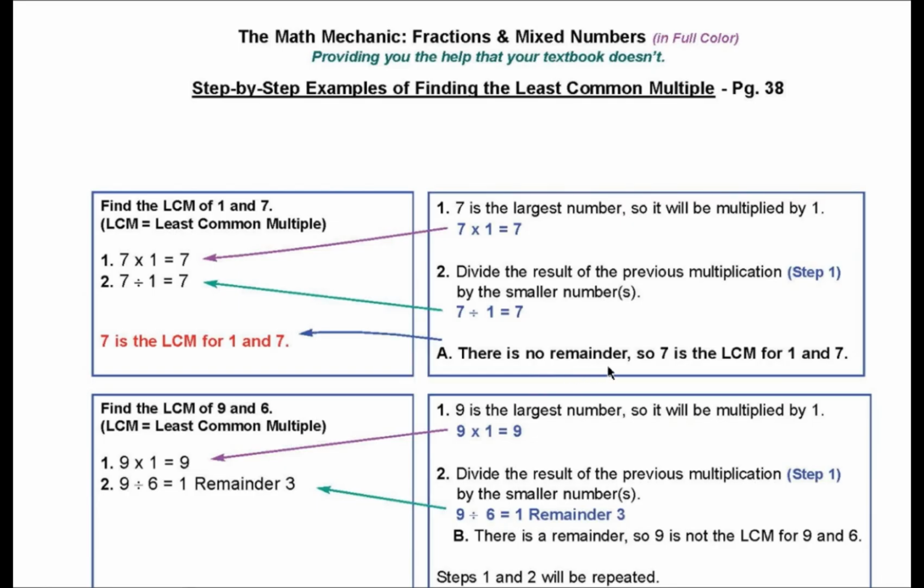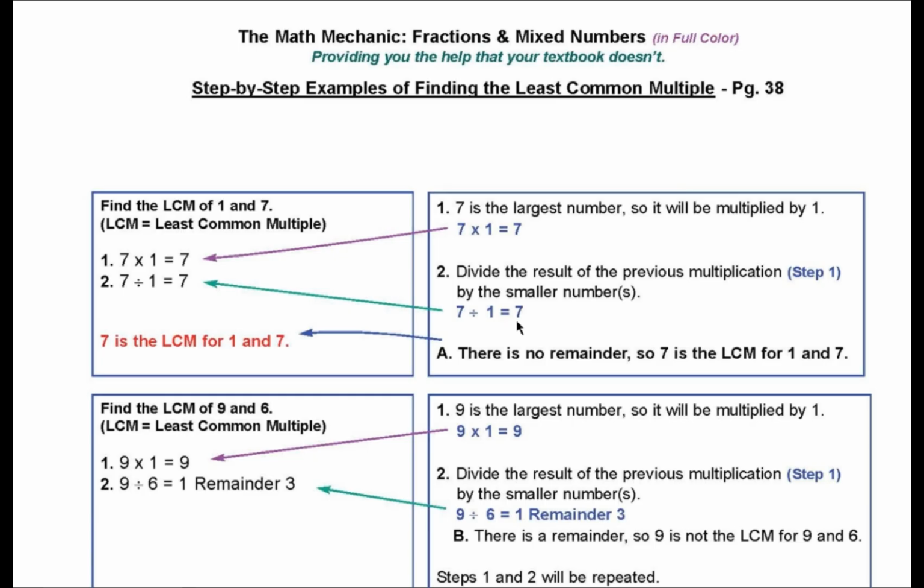Now, I want to make sure that you understand why 7 is the least common multiple for 1 and 7. When the division result does not have a remainder, then the result of the previous multiplication is the least common multiple.